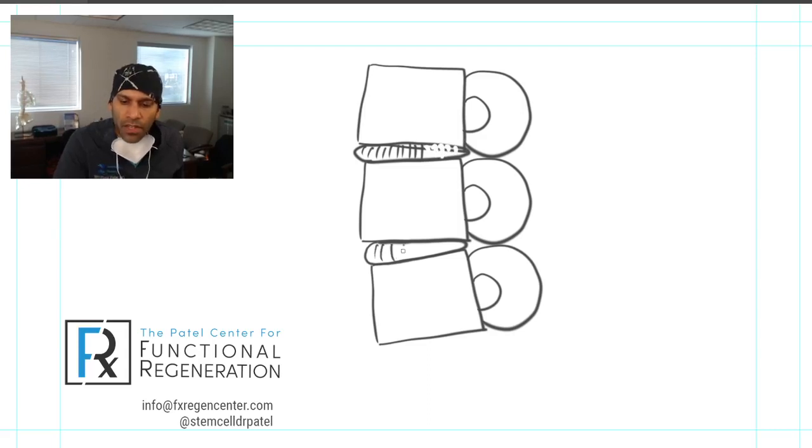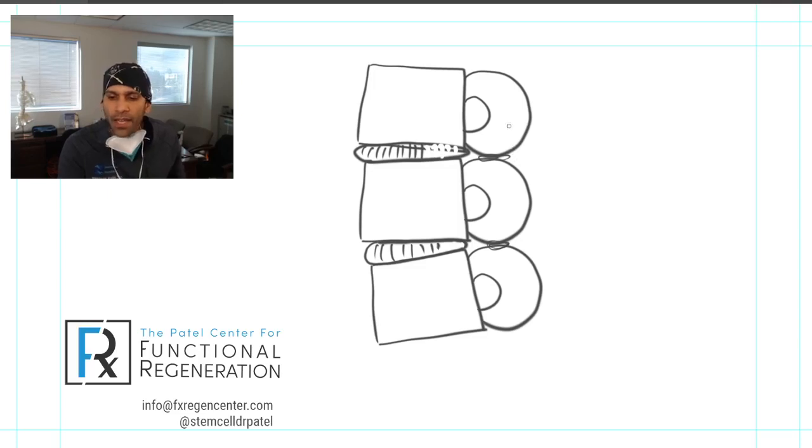They provide support between the two segments. In the back of the spine, where one handle touches another handle, those are called the facet joints. Each of these coffee mugs is held on to the next by the water balloon or the disc in the front and the coffee mug handle in the back.